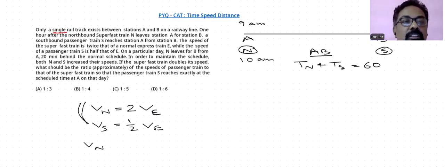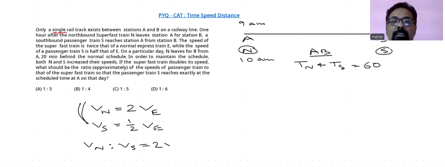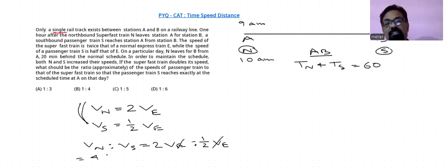Or if you want, you can write it down in this way, that Vn is to Vs will be 2Ve is to half Ve, Ve cancel. So what you are getting here, this ratio is coming as 4:1 after simplification. Now, in the proportion concept of time, speed, distance, we know that if distance is the same, velocity and time will be inversely proportional to each other.